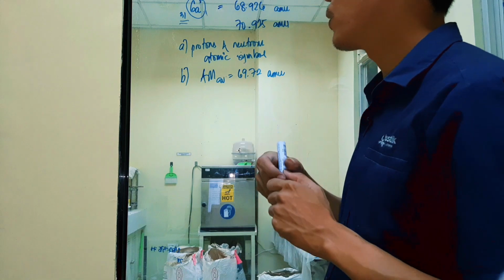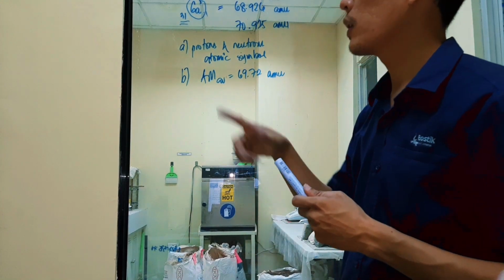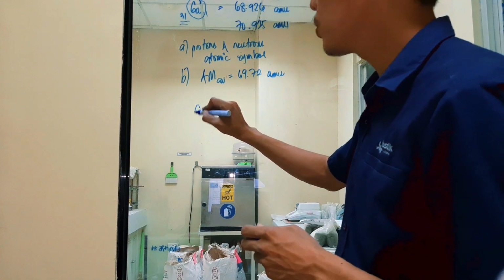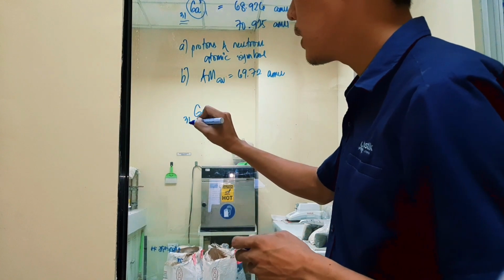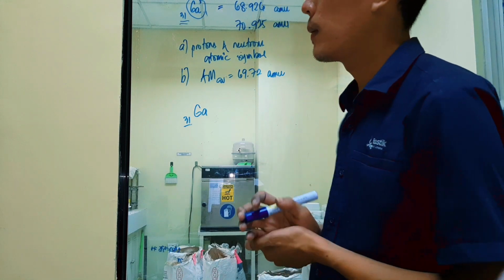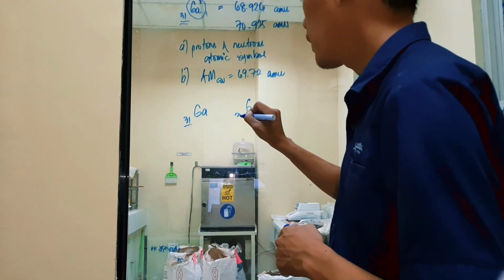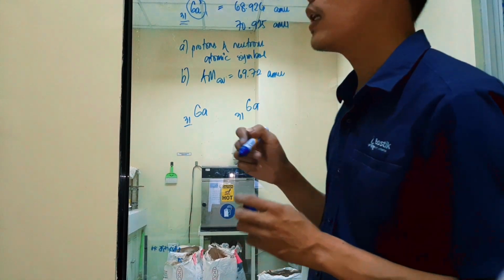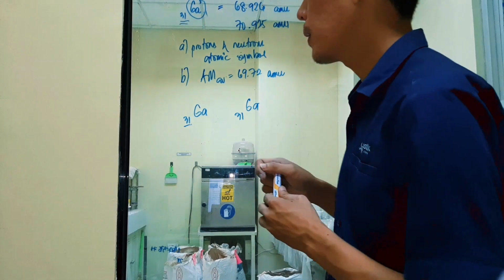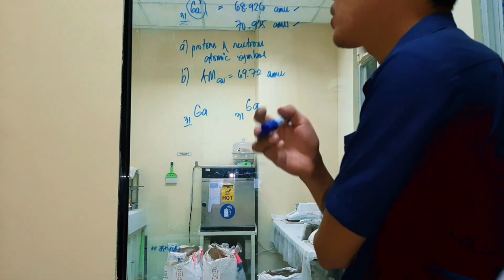To get the atomic symbol of these isotopes of gallium, you put the atomic number as the subscript, so we have gallium 31, and the superscript, the upper number, will be the mass number, or atomic mass, of each gallium.